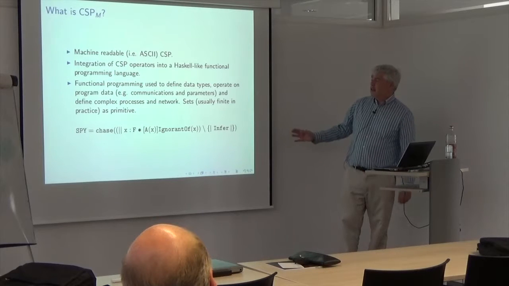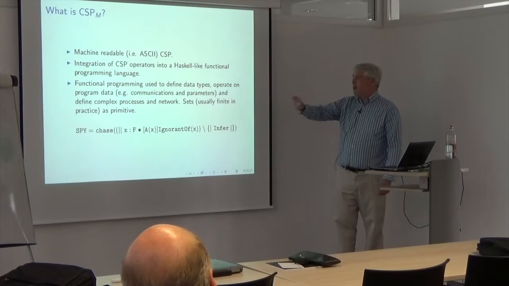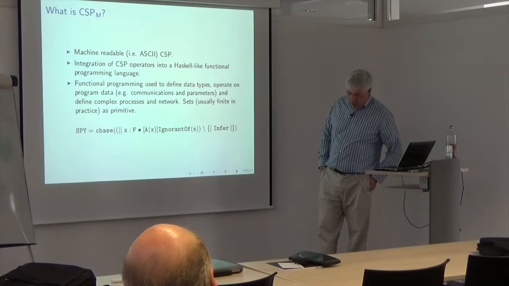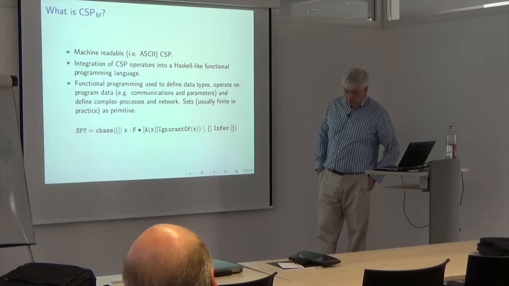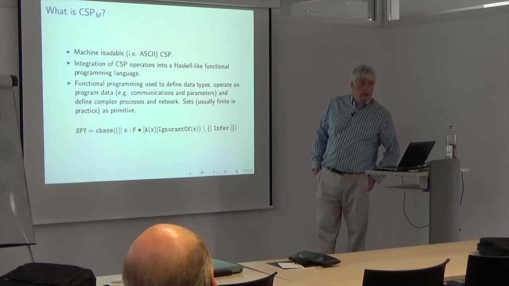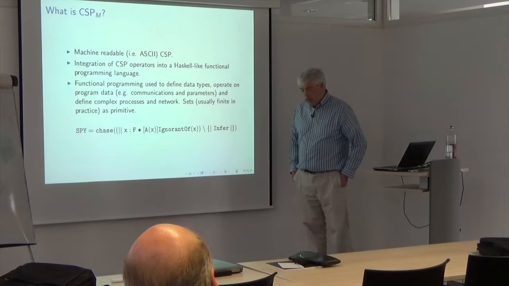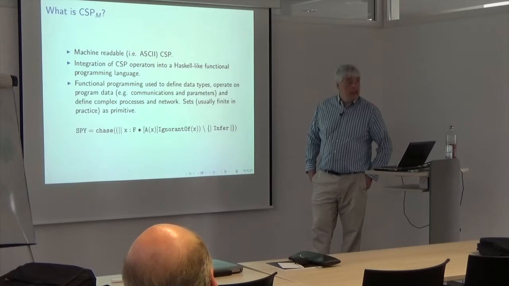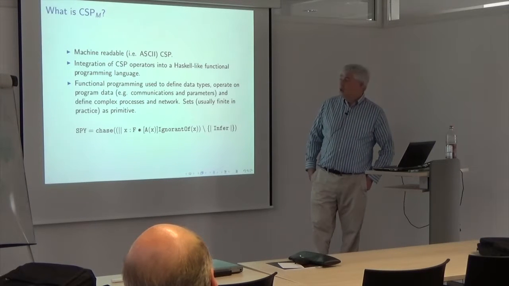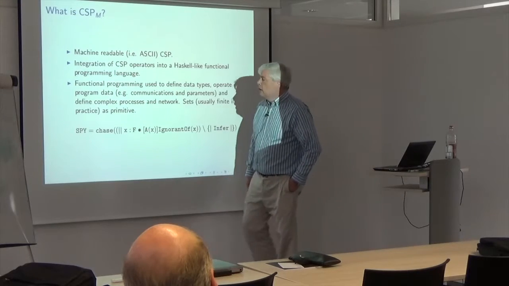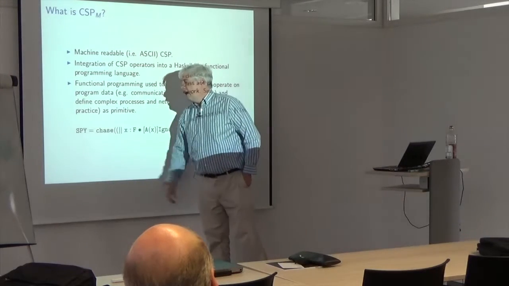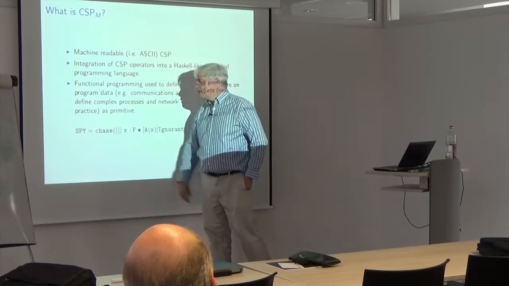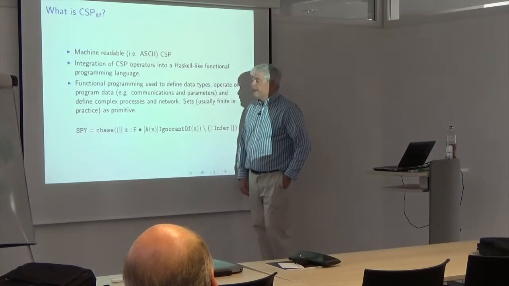So this is just a very simple example of CSPM, representing an important example that Peter and I worked on 20 years ago, which is the model of the intruder, which we developed for interrogating cryptographic protocols. So this simply says that our intruder model SPY applies this chase operator, which is a sort of compression to make the model go faster.